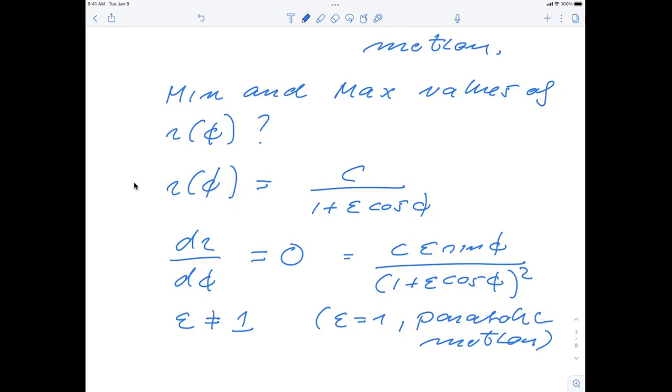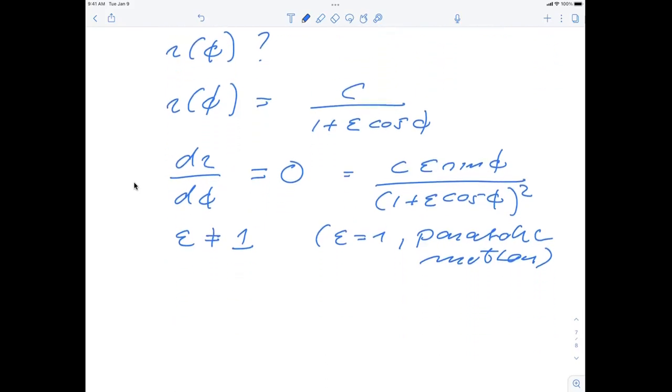But let's now look at the case where epsilon is not equal to 1. Then we don't run into the problem with a divergence. Because if epsilon is equal to 1 and phi is equal to pi, this becomes 1 minus 1, and then we are into problems. So if we leave that case of epsilon equal to 1 and simply solve this equation, we would need a phi which is either 0 or pi, right?